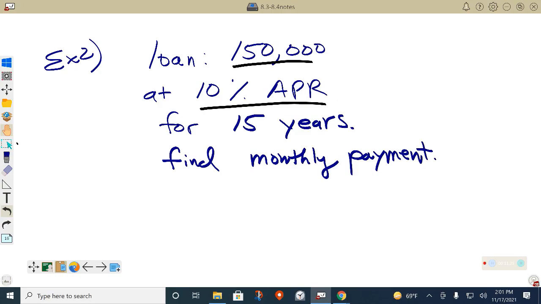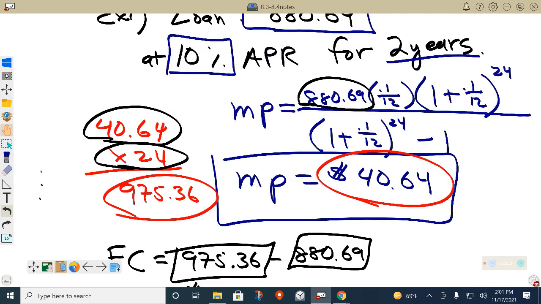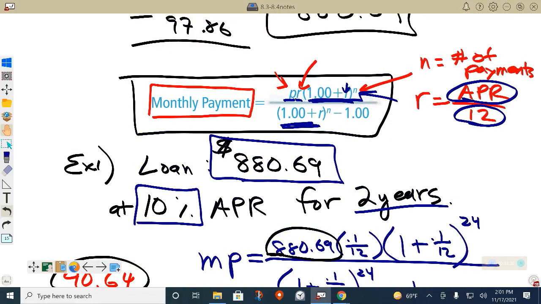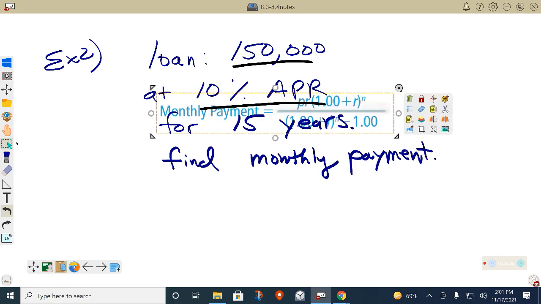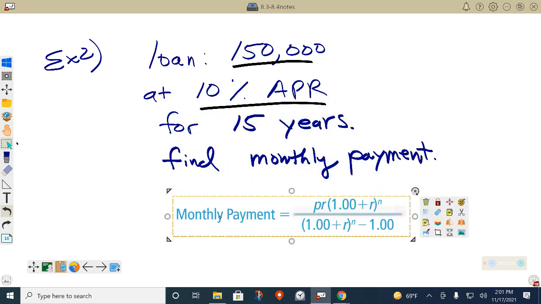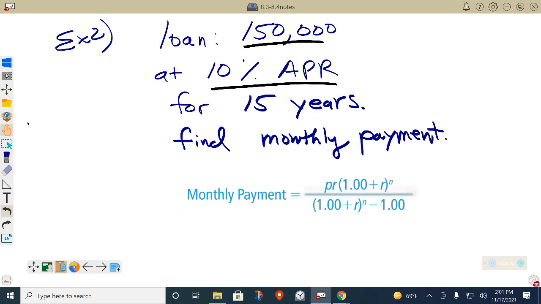Let me get a picture of that formula. There we are. Copy that. Boom. Boom. Boom. Just set the formula up for me. How about that? I'll give you a few minutes. Give that a shot.